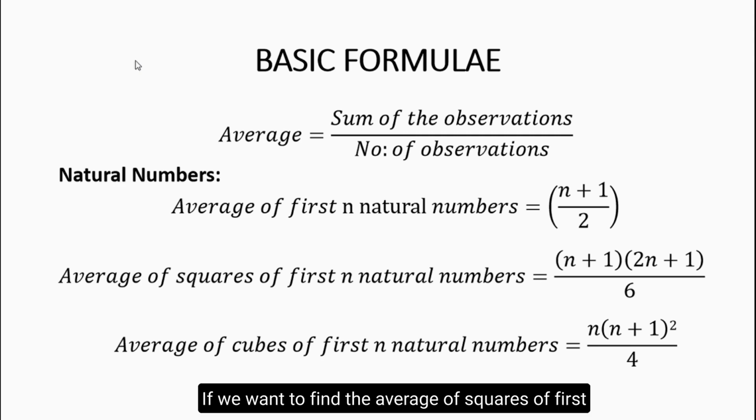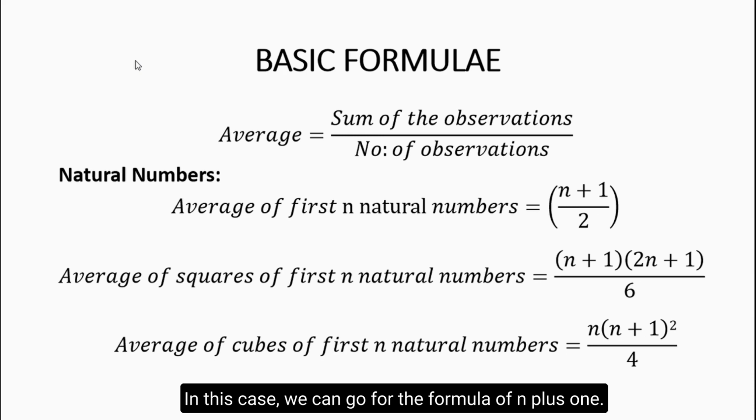If we want to find the average of squares of first n natural numbers, we can use the formula (n + 1)(2n + 1)/6. Consider we want to find the average of the squares of first three natural numbers.